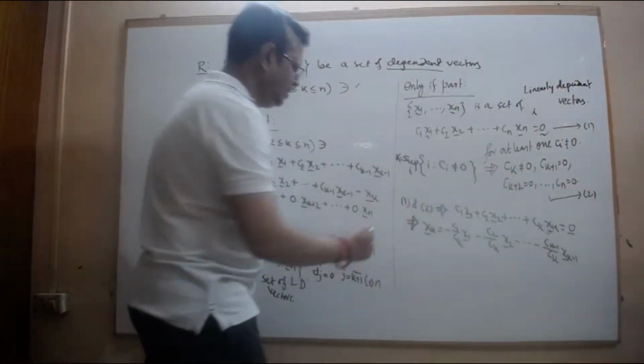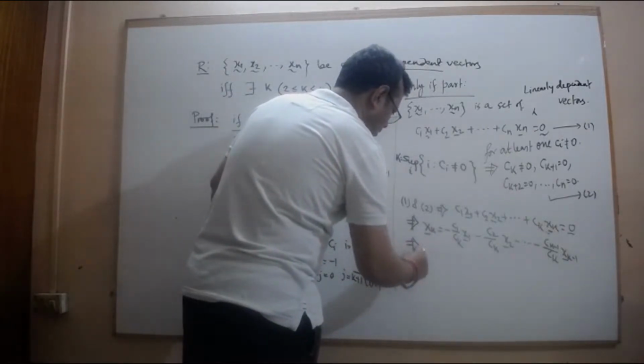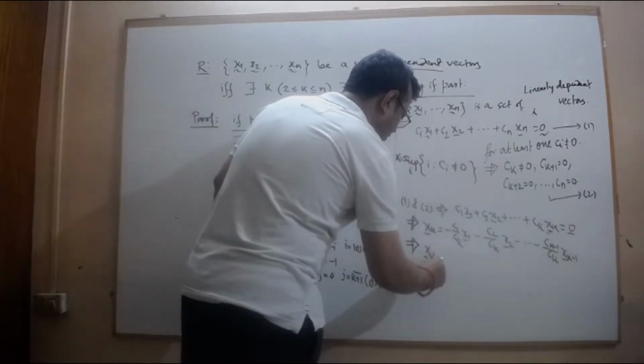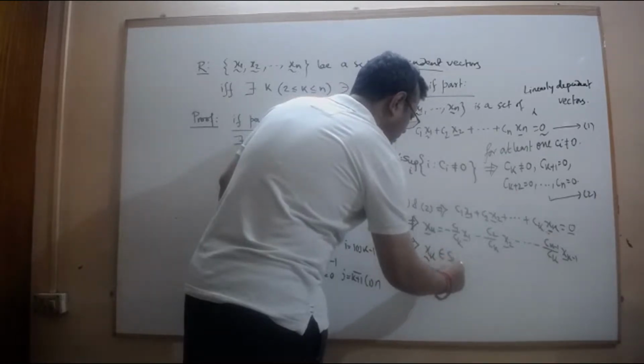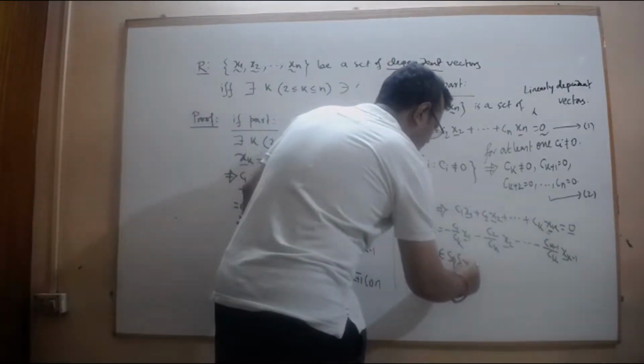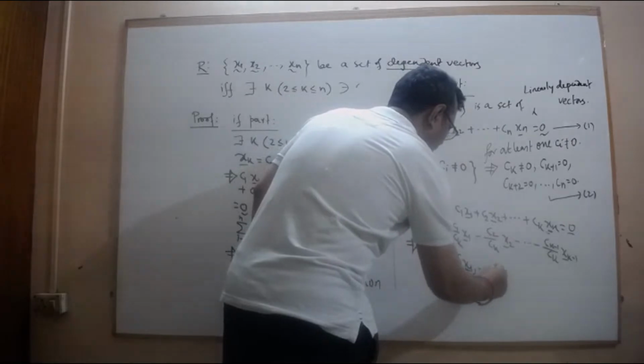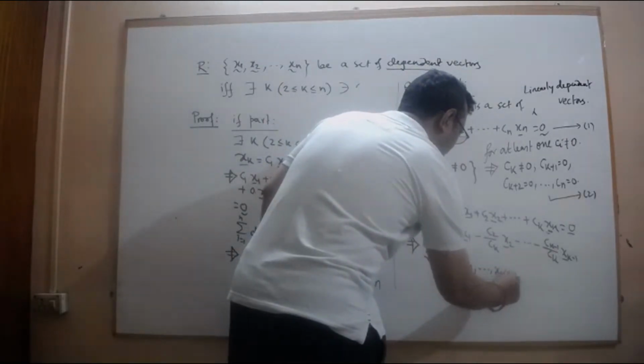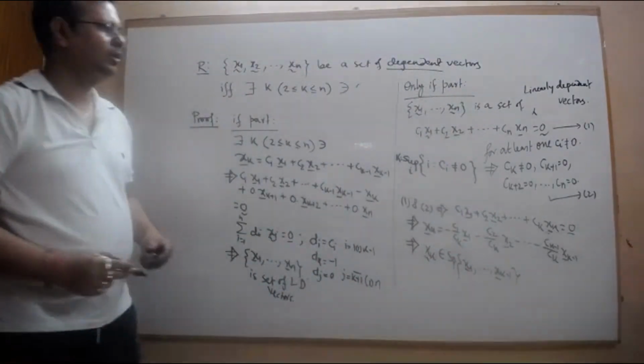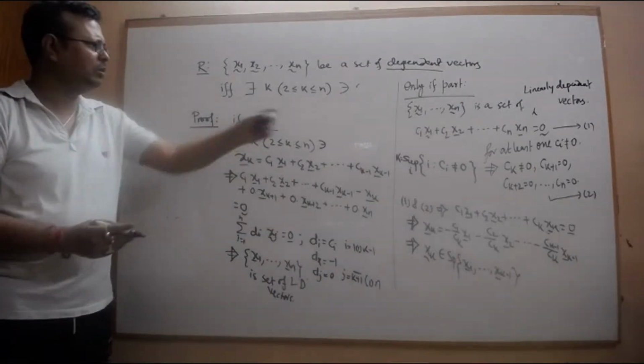So this means xk curl belongs to the span of x1 to xk minus 1. Hence proved. So if you have a doubt, please tell me.